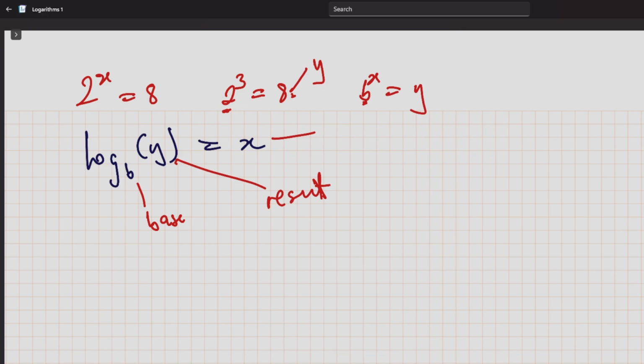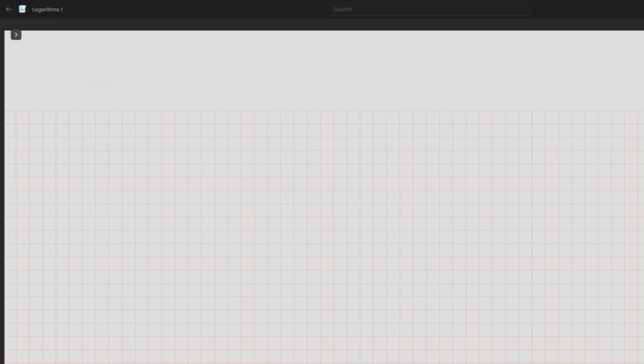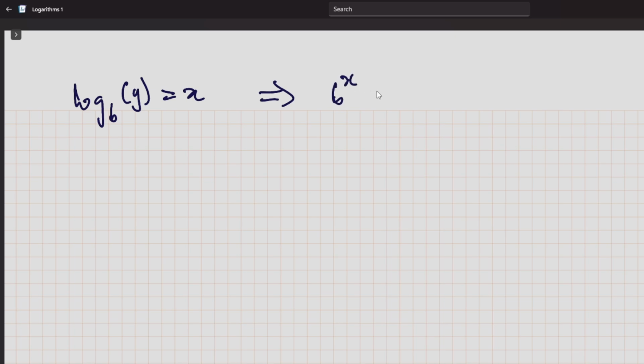This is the power, or exponent, that satisfies the equation b to the power of x is equal to y. To summarize, as we have seen, log of y to base b is equal to x is equivalent to b to the power of x is equal to y.